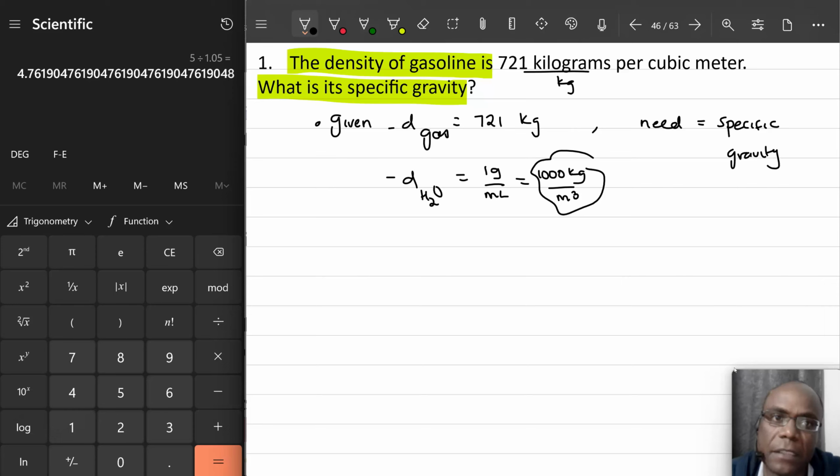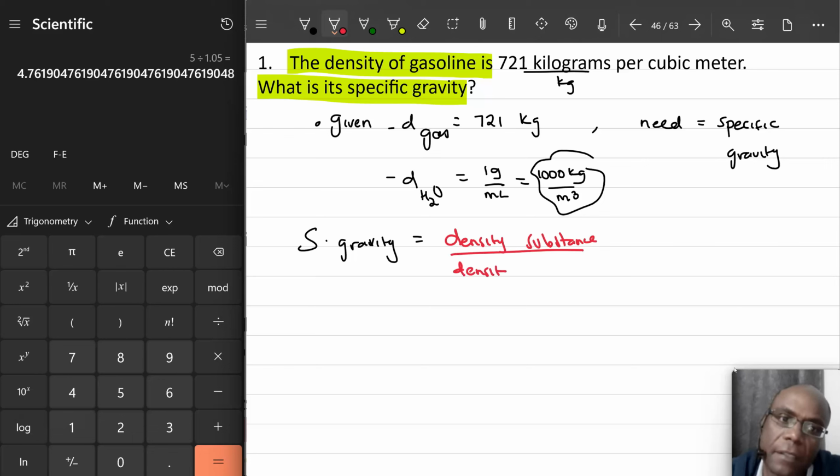Now, what is specific gravity? Specific gravity, we said, is the relationship between the density of a substance and the density of water. So I'm going to write here the density of a substance divided by the density of water, which is why we said it's unitless, because the SI units will cancel.